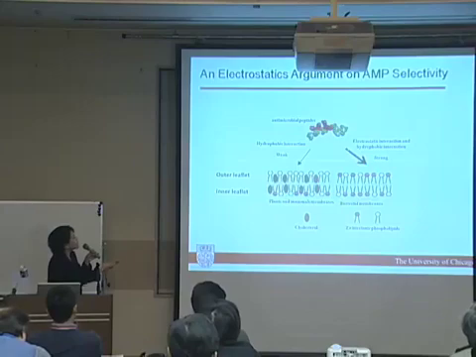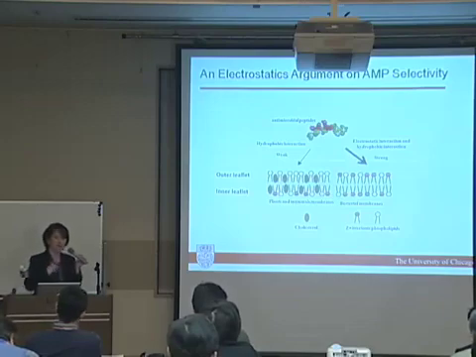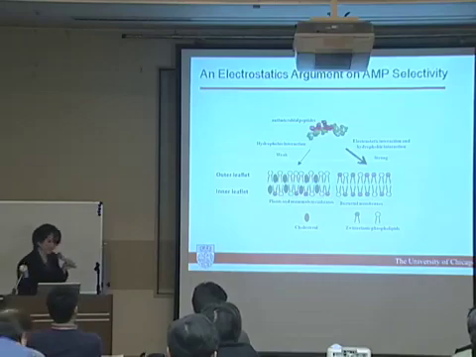So by electrostatic argument, there would be a stronger partitioning of the peptide to the microbial surface as opposed to the host surface. Therefore, at the same dose, it would kill the microbe and leave the host harmless.